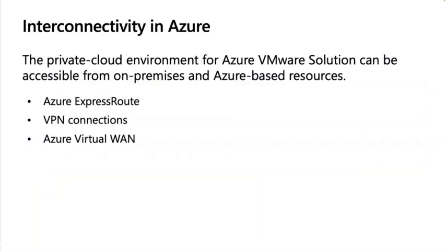And then the interconnectivity in the solution. We use ExpressRoute, but you can also use a VPN connection. There's no SLA for that, but it's a good way to at least get started, or using the Azure virtual WAN. I think the reason there's no SLA for the VPN connection is because this is outside of our control, because you're using public internet infrastructure to connect to a VPN gateway.